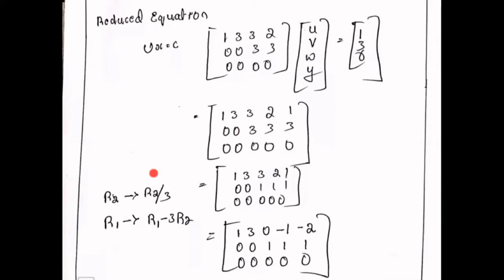So divide row 2 by 3, and you'll get all the 3s becoming 1. One more thing you should do, in order to express in reduced row echelon format, is that above the pivot everything should be 0. Here, above this pivot, nothing is there.